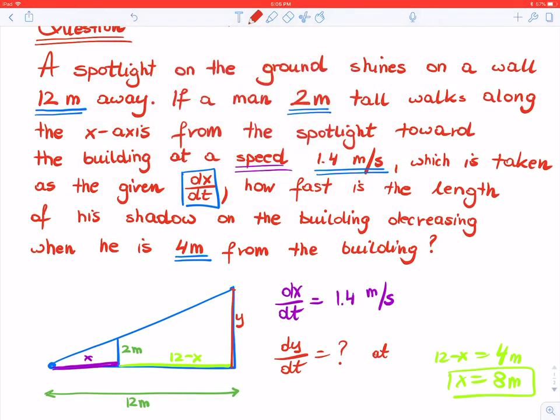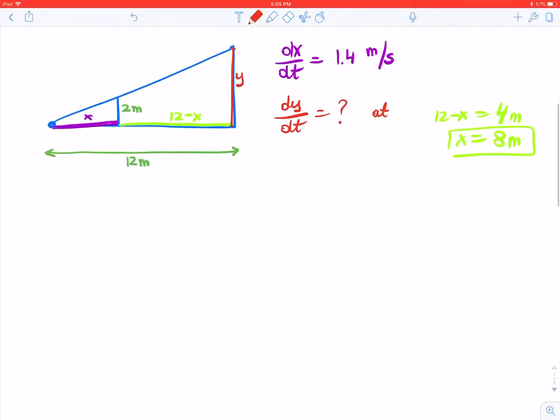Okay, what do we need? We need to find a relation between x, because that's given, and y, because that's what we're looking for. And we can nicely see two similar triangles, so let's put the relation between x and y.